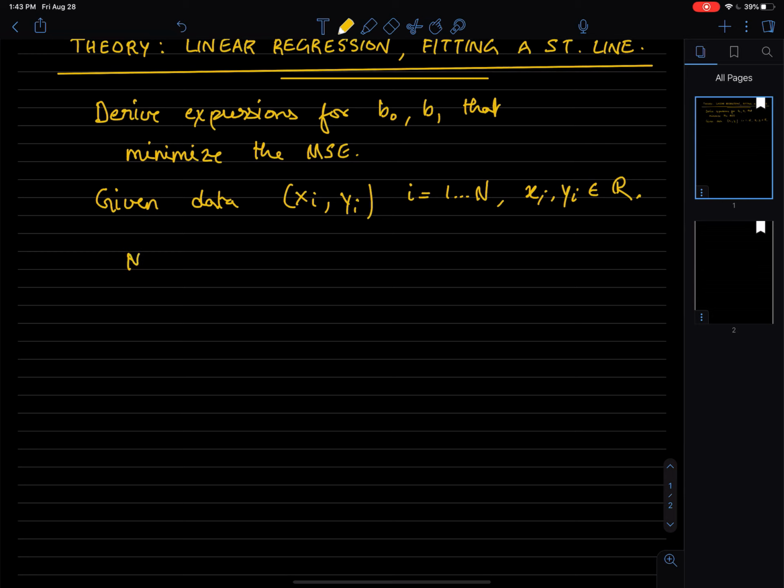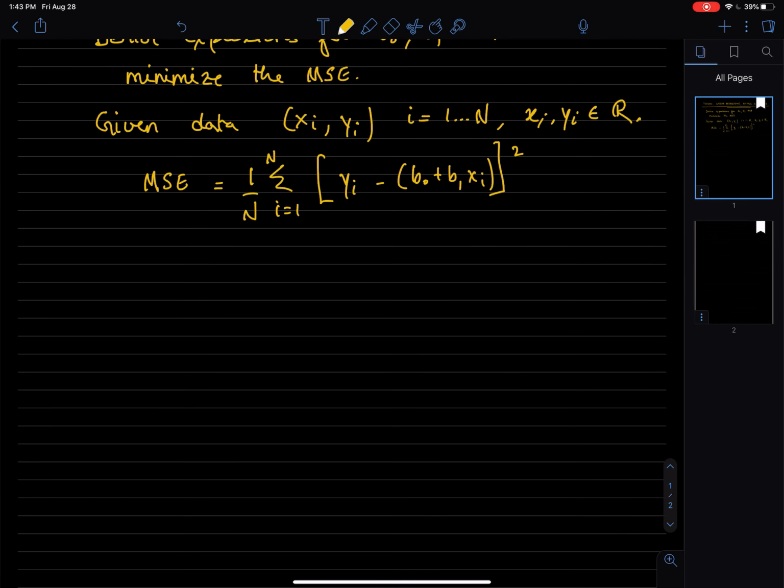Okay, so the mean square error is given by 1 over n, summation i equals 1 to n, yi minus (b0 plus b1 xi) whole square, right? And so we want to minimize this expression.